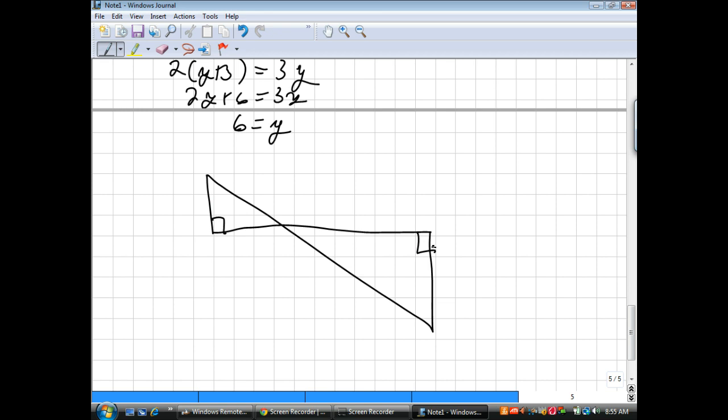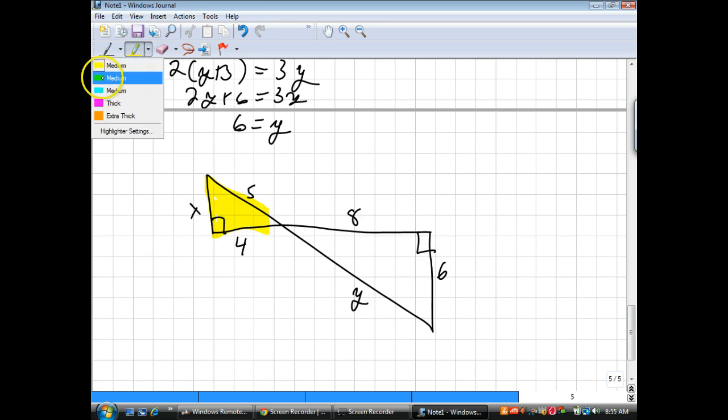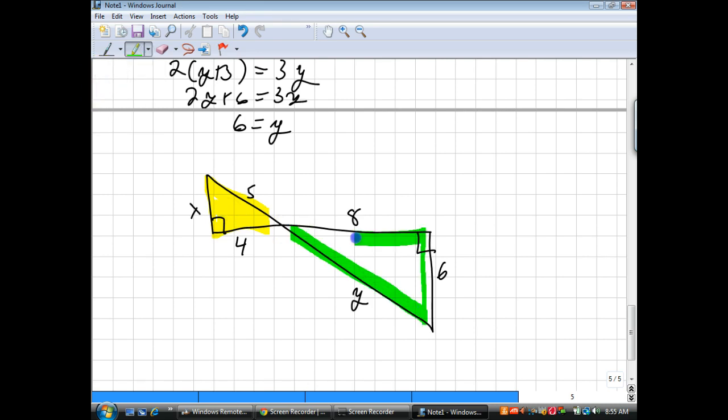Okay, so I have these two triangles. This is 5, this is x, this is 4, this is 8, this is 6, this is y. So first I have to determine, is this triangle similar to this triangle? And they are, because we can say this angle is congruent to that one by vertical angles.